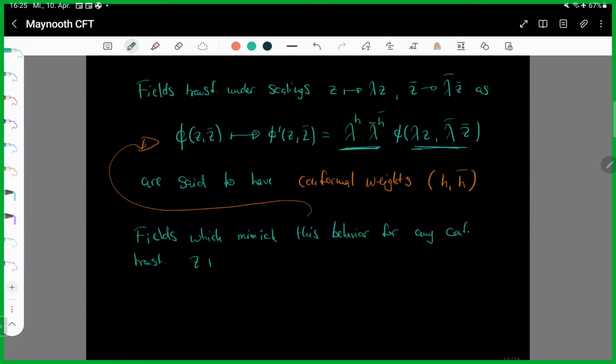So any conformal transformation, z goes to f of z, and z bar goes to f bar of z bar, are called primary fields. Primary fields of conformal weight h and h bar. And let's put this into an equation.